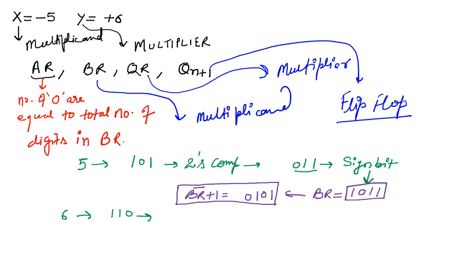But the sign is positive, so we need to apply the sign bit, and the sign bit for a positive number representation is 0, as everybody knows. So 0110. This will be the value of our QR, and we need this value also during the algorithm.